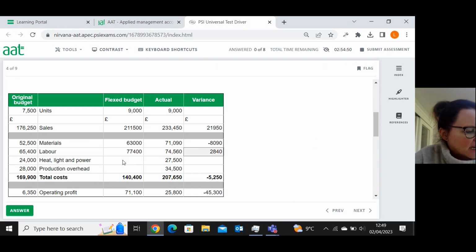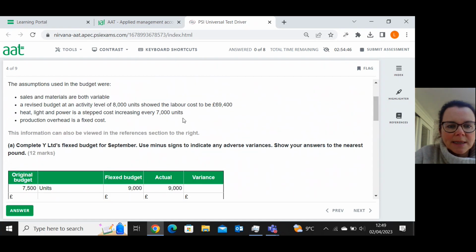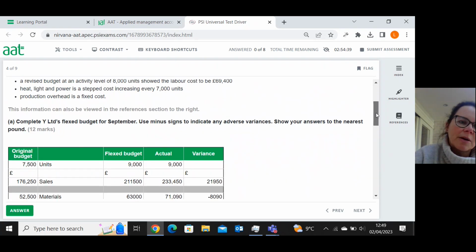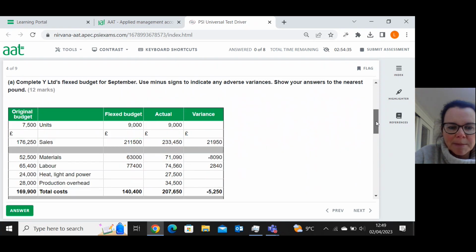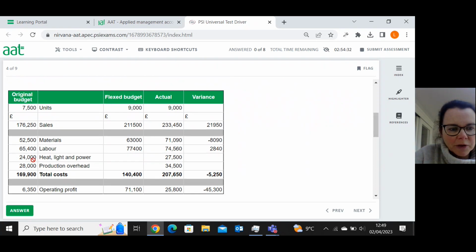Right, then we come to heat, light and power. So we know that this is stepped, and we know it steps up every 7,000 units. So the original budget was for 7,500 units. So that means it represents two chunks, two steps. So if two steps cost 24,000, one step obviously costs 12,000. If I then look at my flex budget figure, it's 9,000, so I'm still within those two steps because it changes every 7,000.